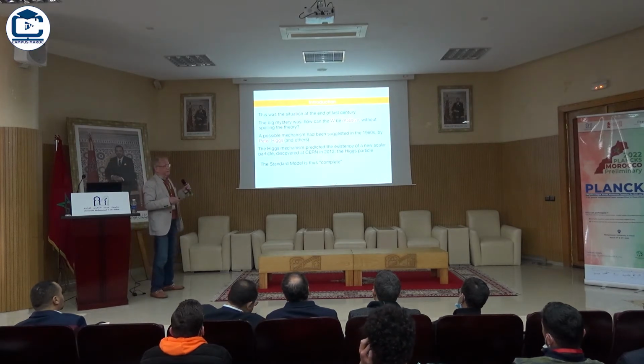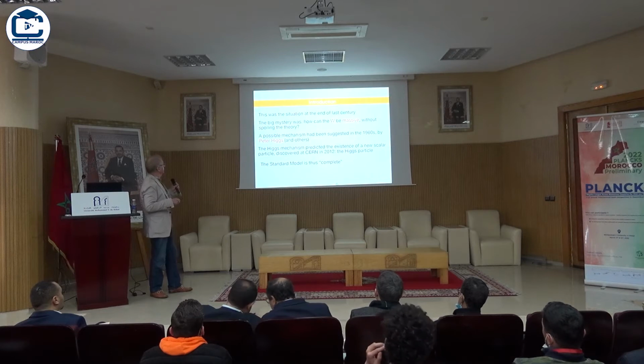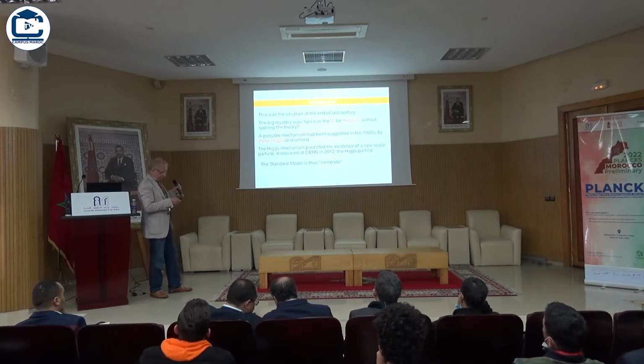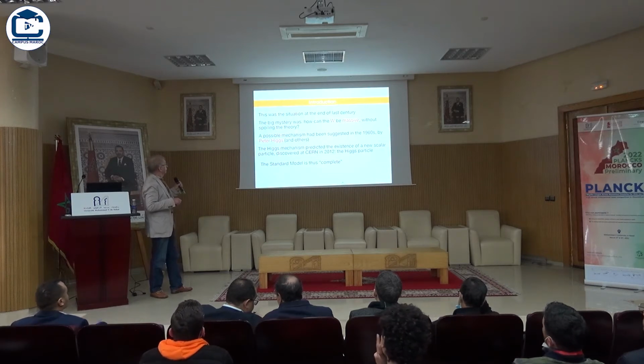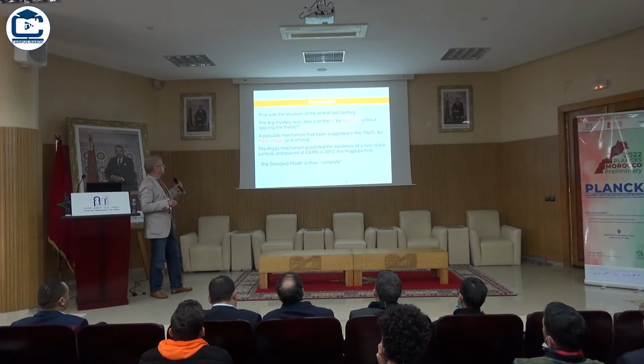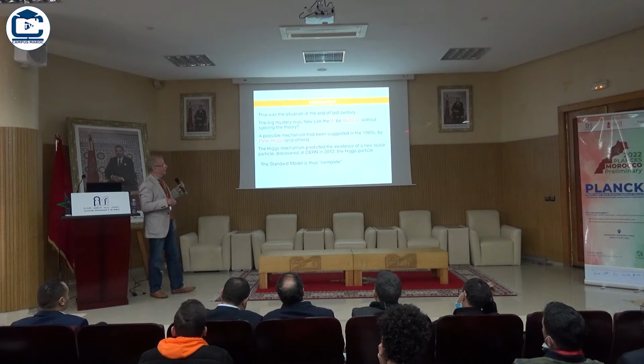This was the situation at the end of last century, and the big mystery was how can the W be massive without spoiling the theory? A possible mechanism had been suggested in the 1960s by Peter Higgs and also others, but that theory had more or less been dormant for 20 years.